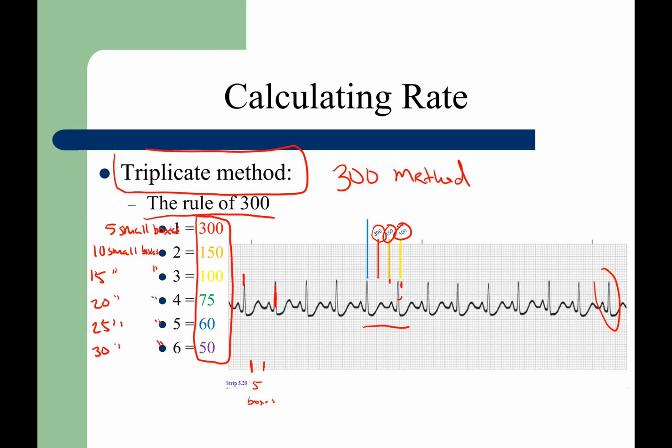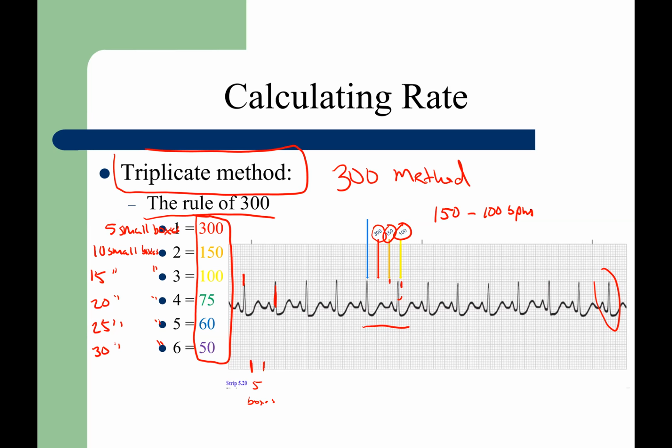So now I don't have an exact heart rate right now, but what I do have is an estimate of my heart rate being between 150 beats per minute and 100 beats per minute. So at this point, I'm going to estimate how close it is to 100, because since it is closer to that yellow line, I would say it's closer to 100 than it is to 150.